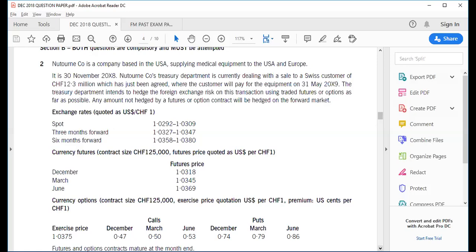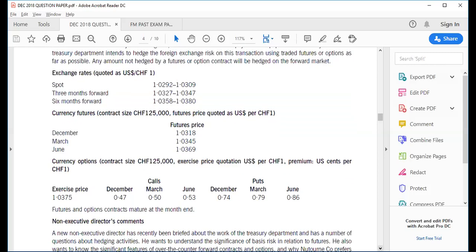Future prices from December to June have been given. The contract size is the same or similar to what was given under the currency futures. We've been told the exercise price quotation, dollars per Swiss, and premium, which is US cents per Swiss.